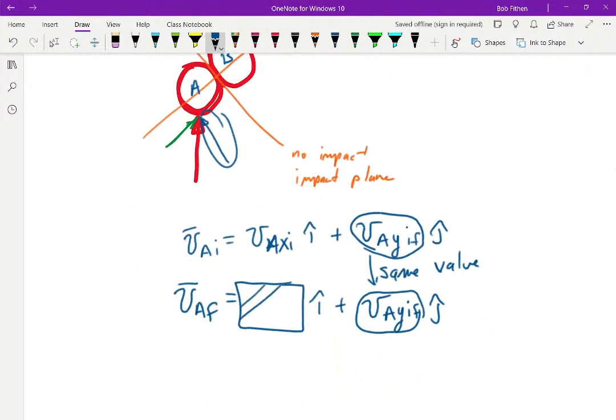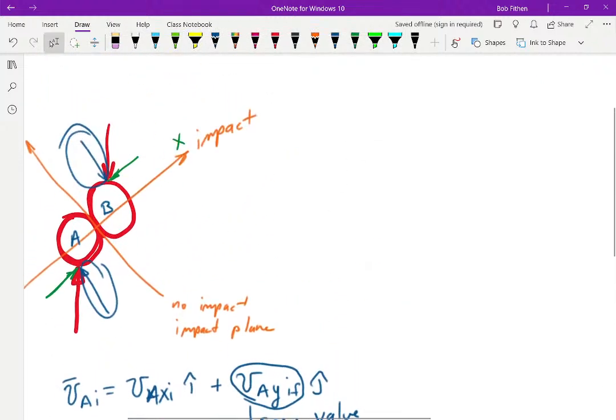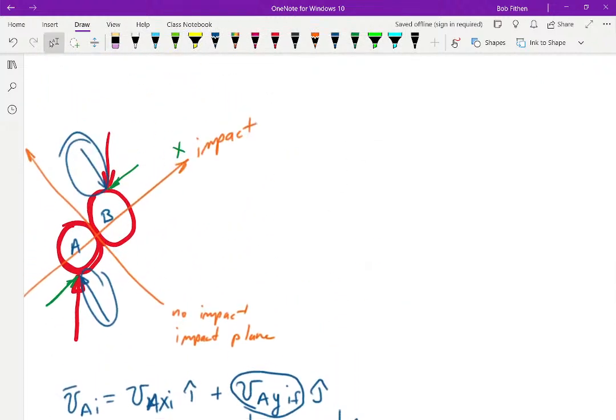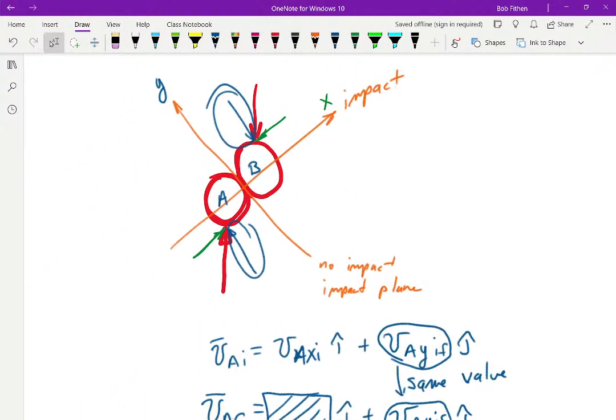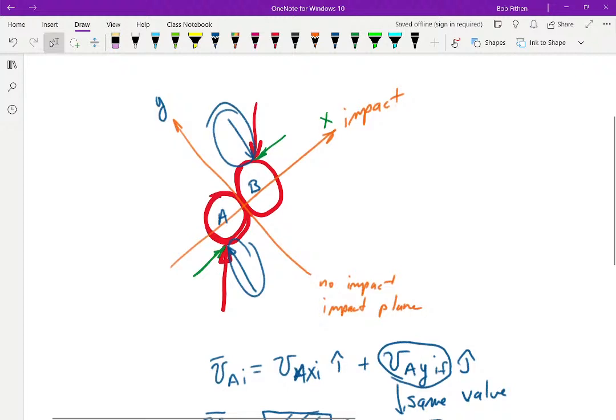Now this you have to calculate using the momentum and the coefficient of restitution, and we'll do that next time. As a matter of fact, I can remember this problem and I'll just come up with an angle here and work it in class next time.